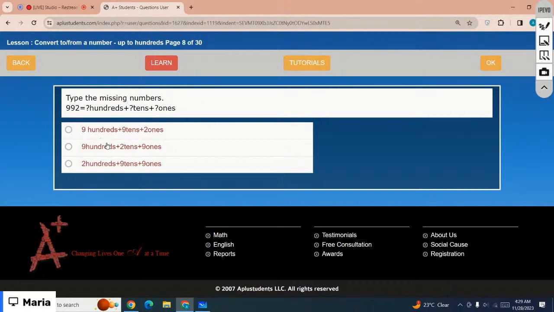That is 9 hundreds, 9 tens and 2 ones. Type the missing number, 9 hundreds plus 4 tens and 4 ones. Which number do they make? That is the last option. 944 is the correct option.